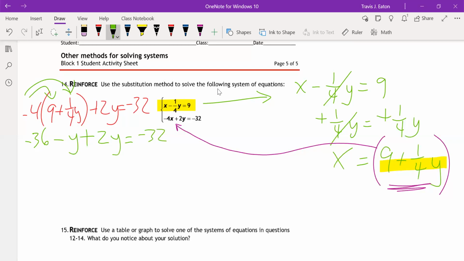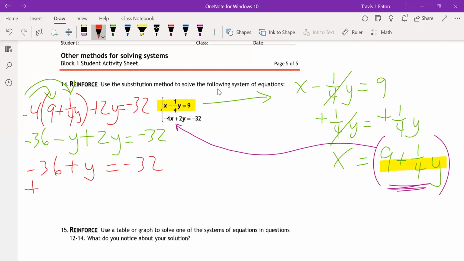Remember, at any time, if you have a question, all you got to do is stop me with a question mark in the chat. Okay, well, we can combine like terms now. So we have -36 and -y plus 2y. Well, that's just y. And that equals -32.